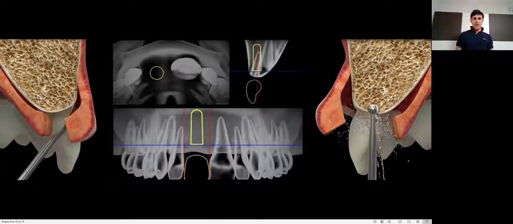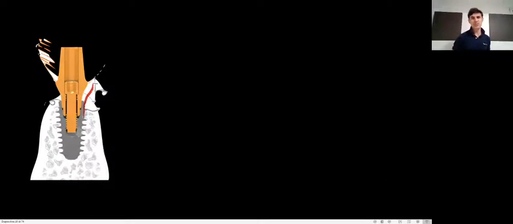So we need to do that in order to create the base for a correct three-dimensional placement of the fixture in order to have a good emergence profile.